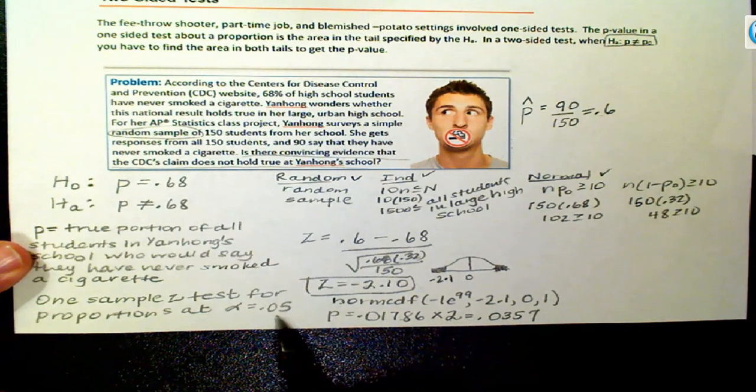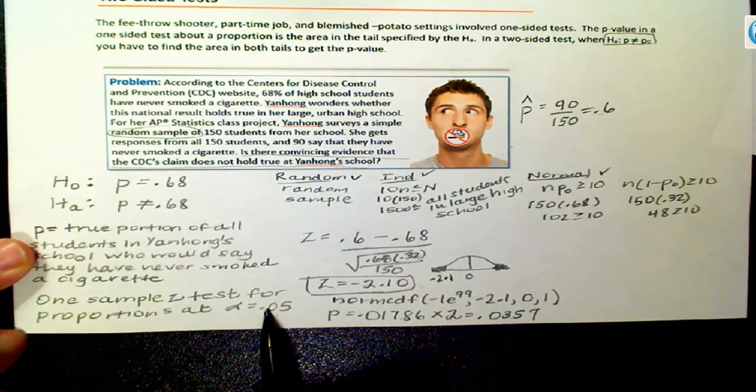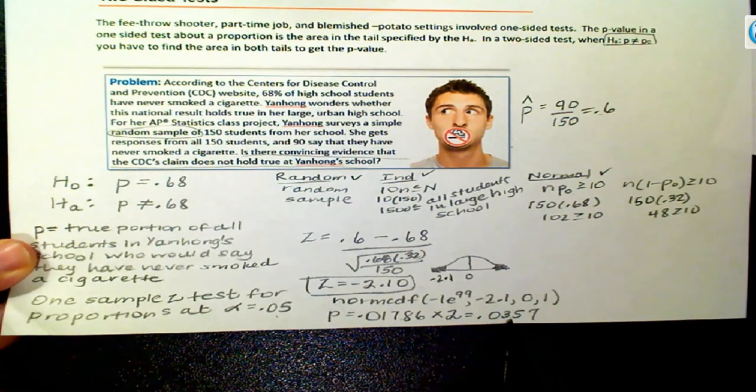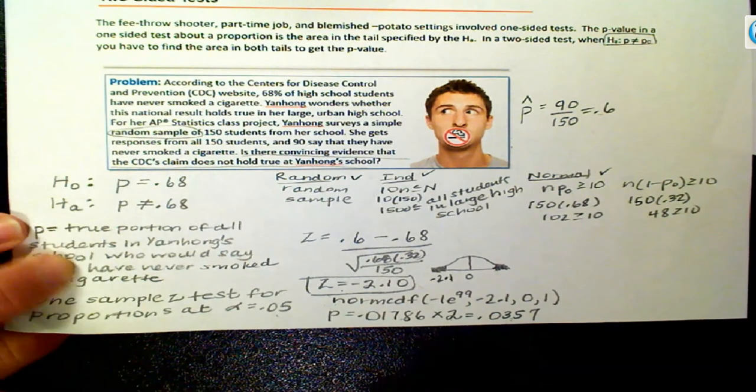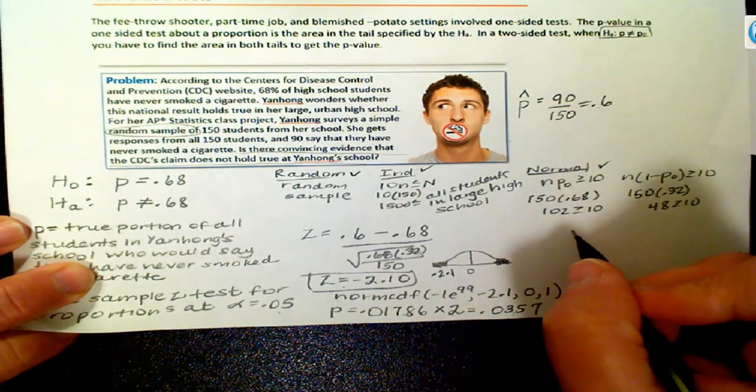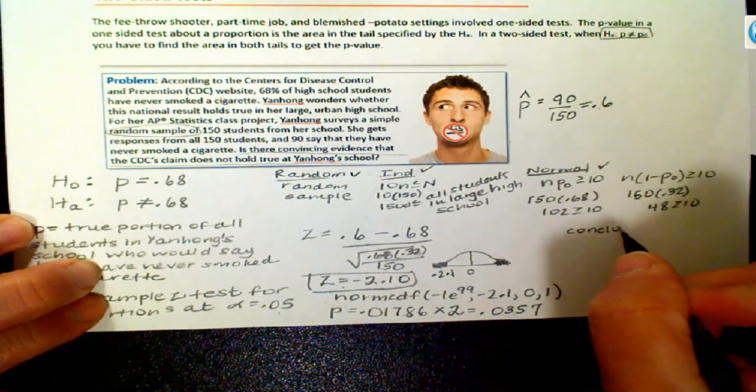When we compare it, this is lower than our alpha. If the p is low, we're going to reject the H0, or the null hypothesis. So our conclusion, it's the last thing we need to do.